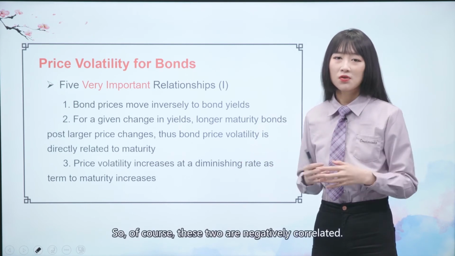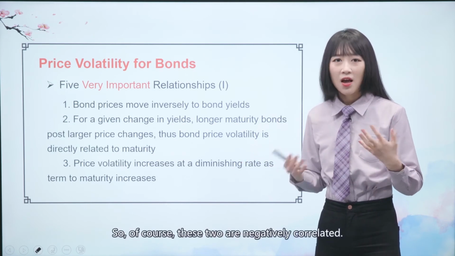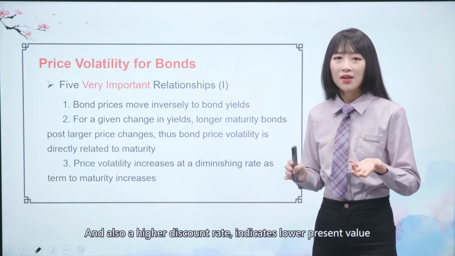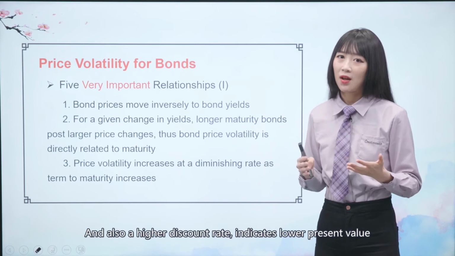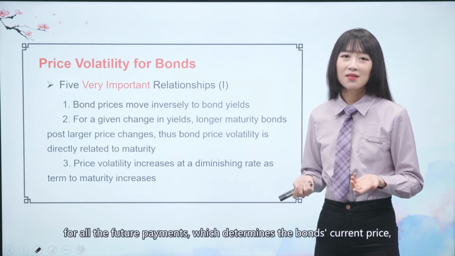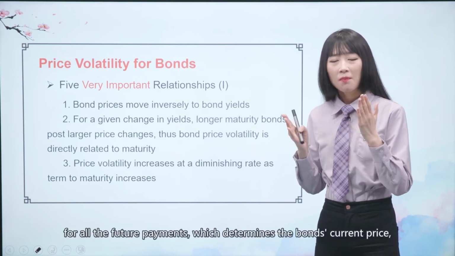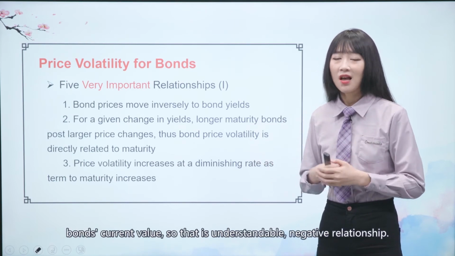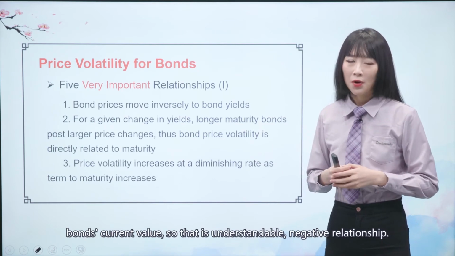So, of course, these two are negatively correlated. And also, a higher discount rate indicates a lower present value for all the future payments, which determines the bond's current price, the bond's current value. So that is an understandable negative relationship.